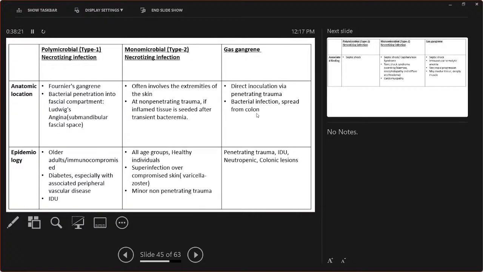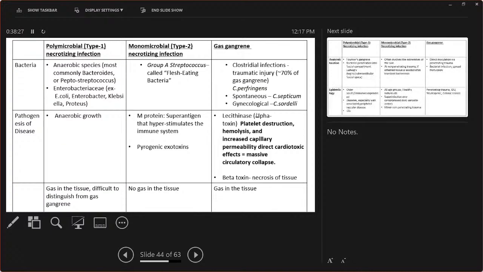Clinically, if you see gas in soft tissue, it is gas gangrene, correct? How often do you see gas in polymicrobial? Gas in tissue is less common. I don't have the statistics.